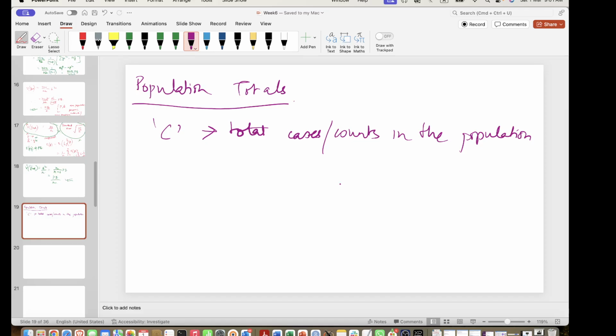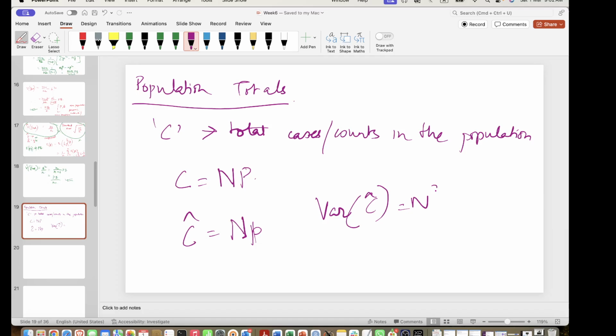All right, so C is actually equal to capital N into capital P. But C hat is an estimate, so that would be capital N into small p. Then the variance of C hat is capital N square into variance of p.